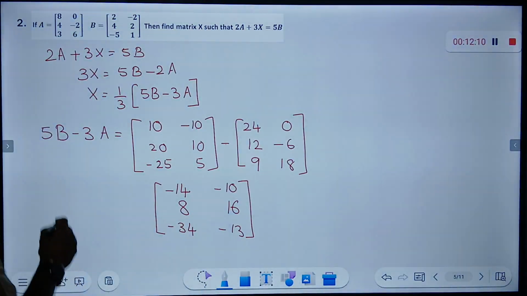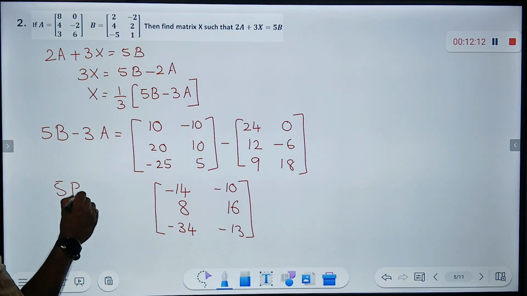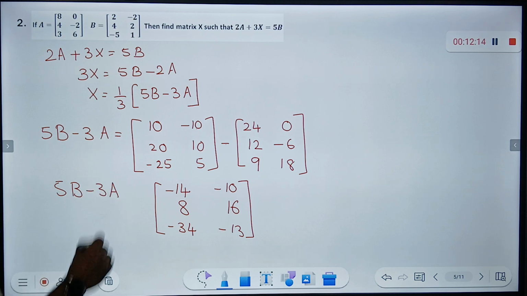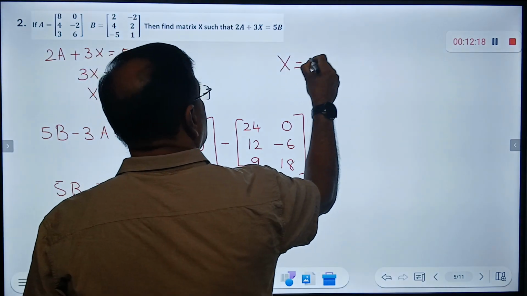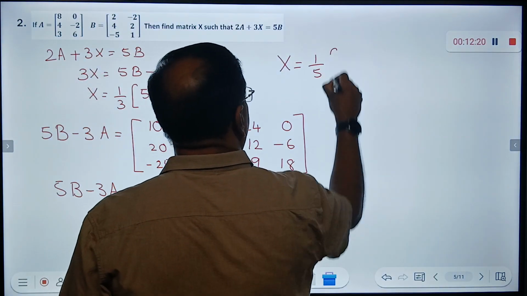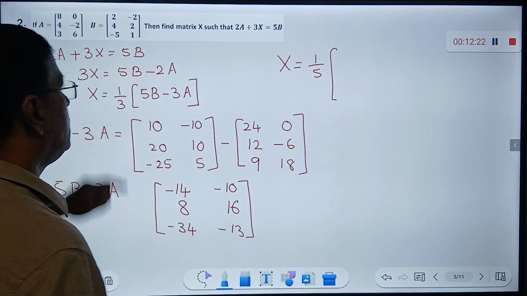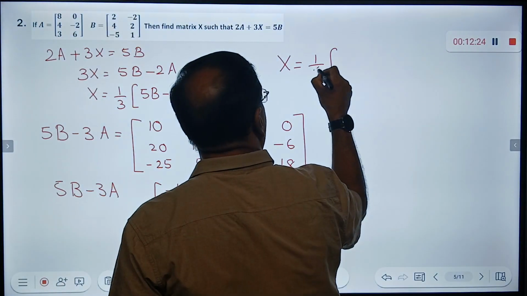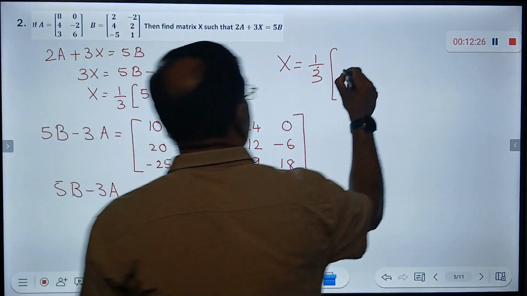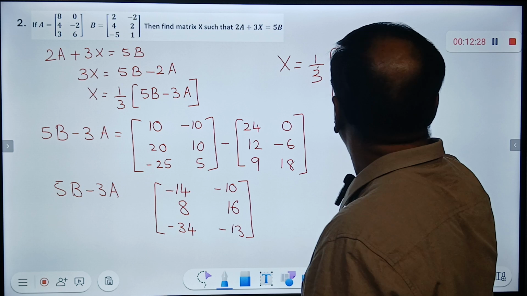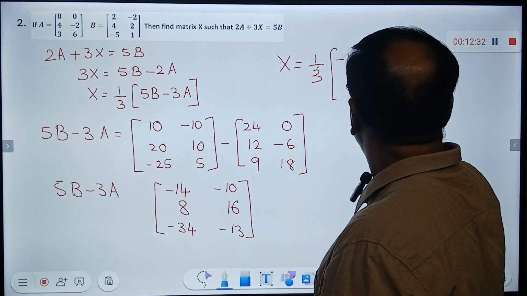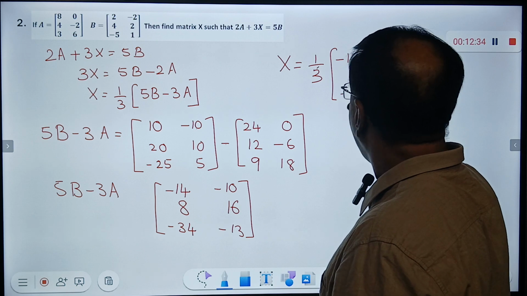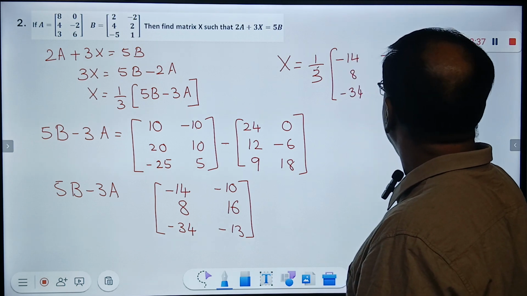This is my 5b minus 3a. But I want to find x. So what is x equal to? So my x is 1 by 3 of minus 14, minus 10, 8, 16, minus 34, minus 13.